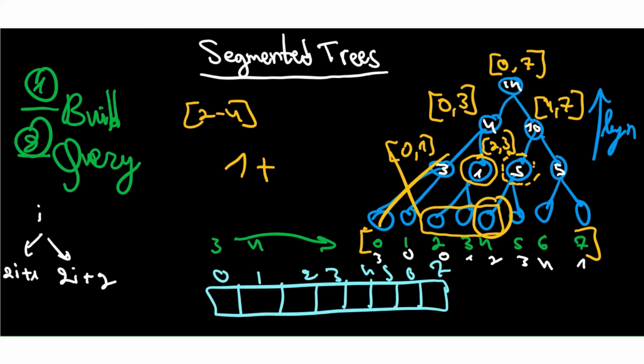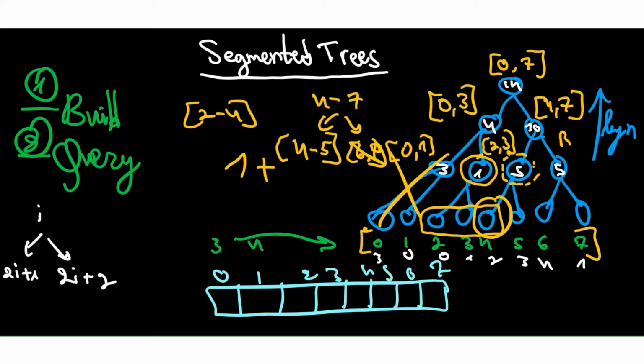We know that we have 4 to 7. 4 to 7, do we need this? Yes, but it's not fully included. 4 to 7 is not fully included here, so we continue to the left and to the right with recursion. So here we have 4 to 7. The left child would cover 4 to 5, and the right child would cover 6 to 7. 6 to 7, do we need this?